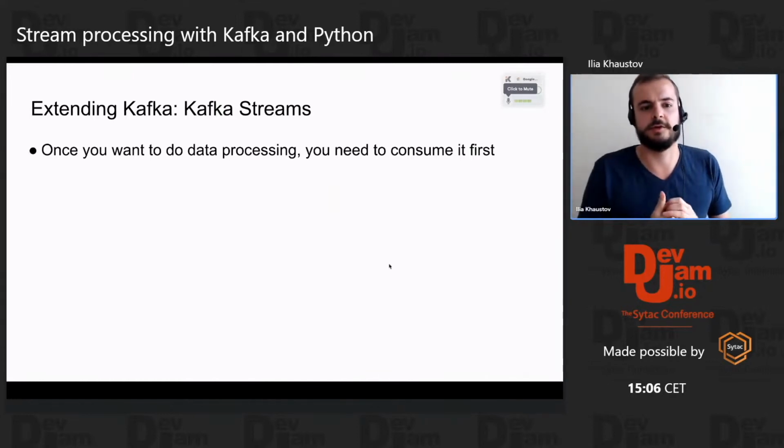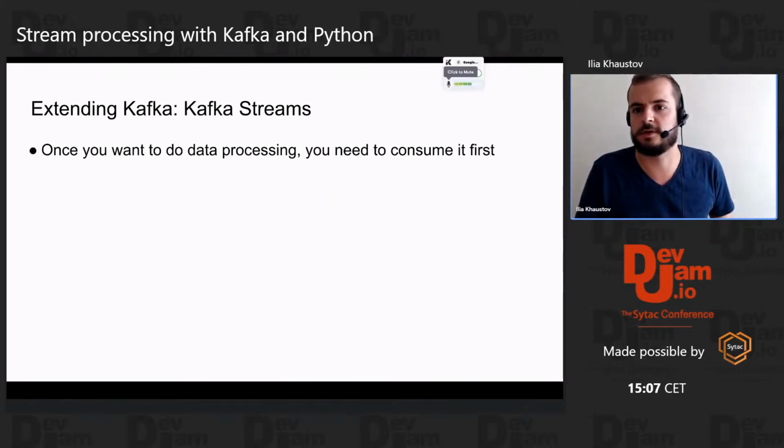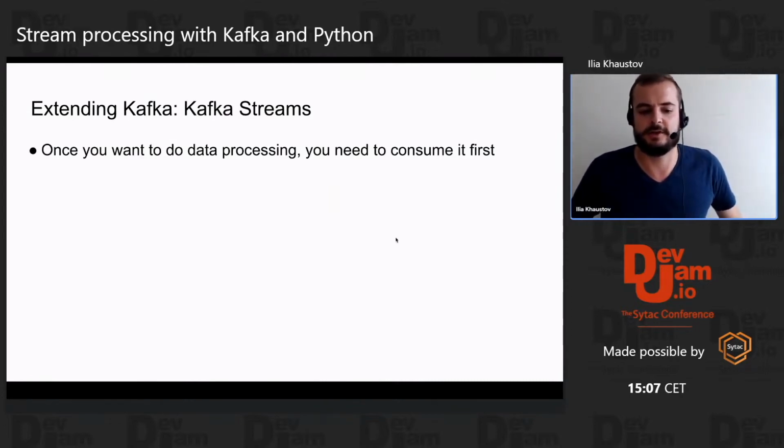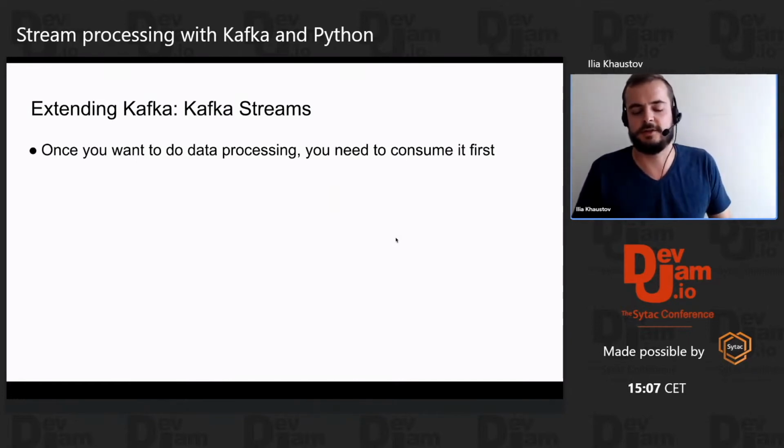Kafka Streams. There is a thing with Kafka. Once you want to do some processing, you need to consume this data in a consumer. Kafka Connect doesn't allow you to do that.